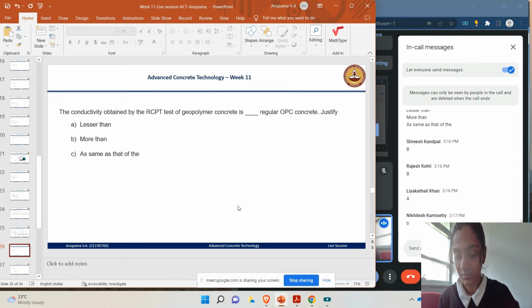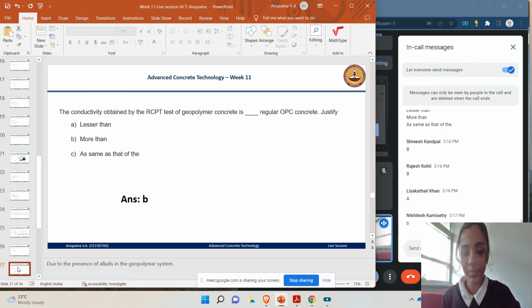So the correct answer is more than, which is option B, that is the conductivity in the RCPT test of geopolymer concrete will be more than the conductivity of regular OPC concrete, because geopolymer concrete, as you know, contains more alkali oxides and alkali ions.